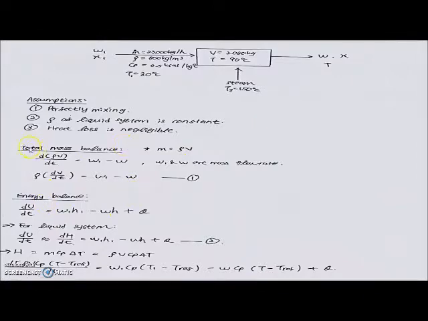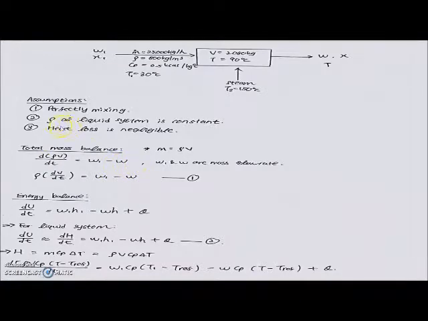So first of all, let's focus on the total mass balance. What I did was take the overall change in mass per unit time. We know that the mass is the product of the density of the liquid and the volume of the liquid, so I put it in a derivative form: d(rho V)/dt equals the mass flow rate of inlet minus the mass flow rate of outlet.